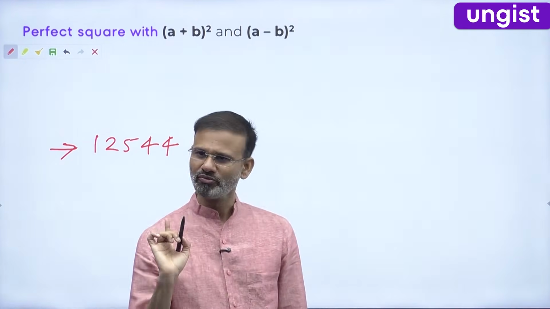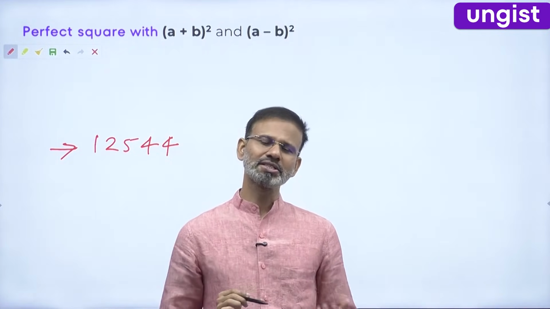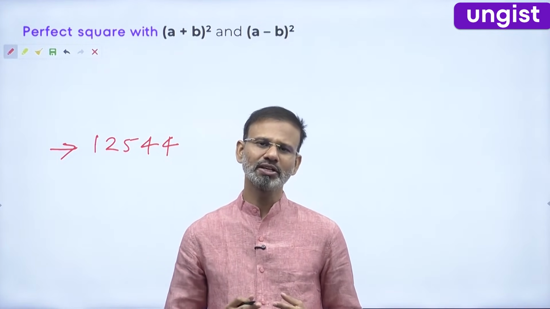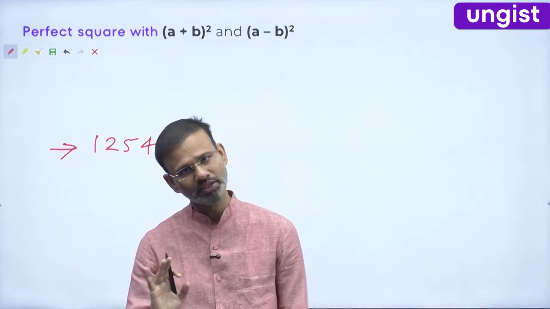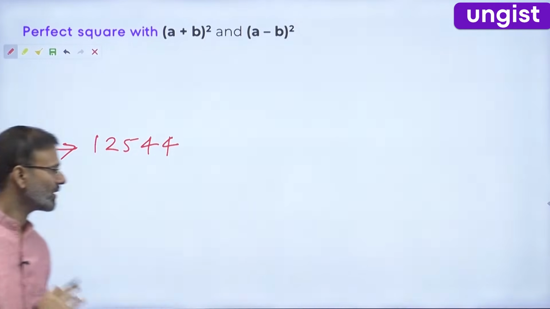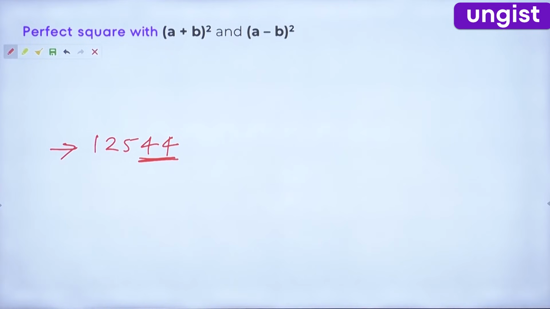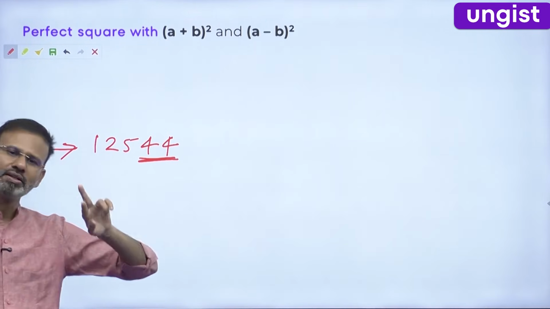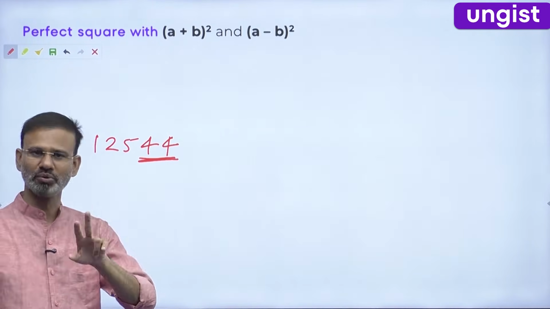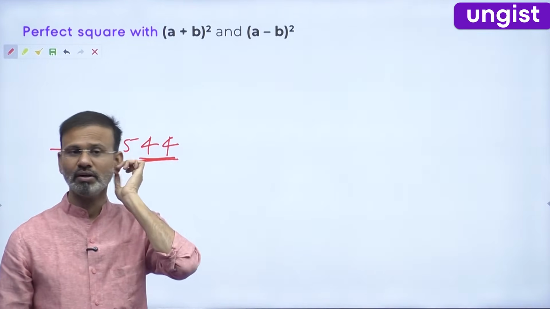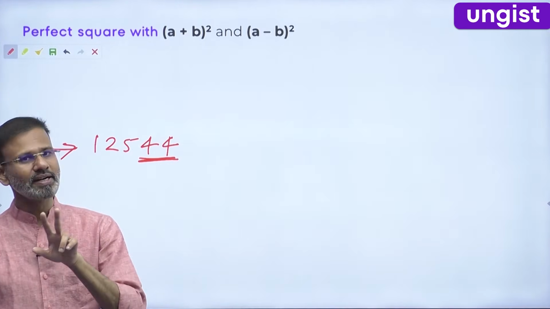So it is 12544. I'm asking you, this number could be the perfect square of which number? Right? Just think on it. So friends, these 2 digits are indicating 12 because 144 is the square of 12. So these 2 digits are indicating 12.